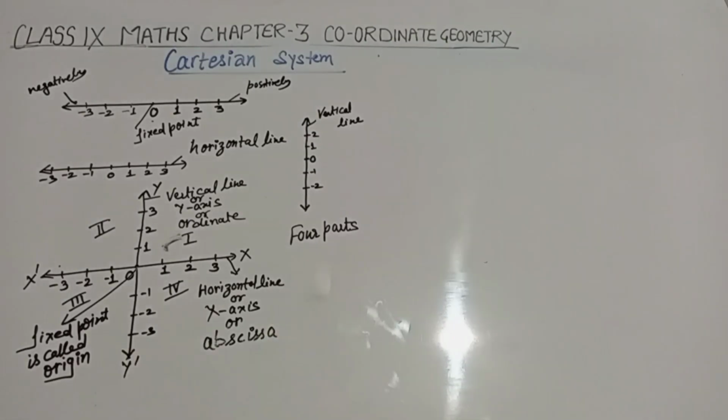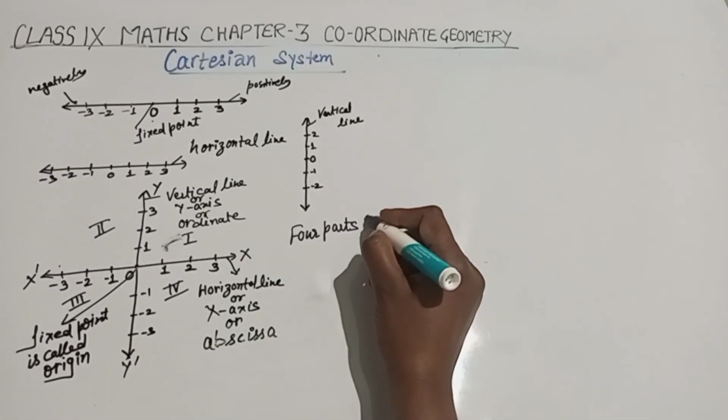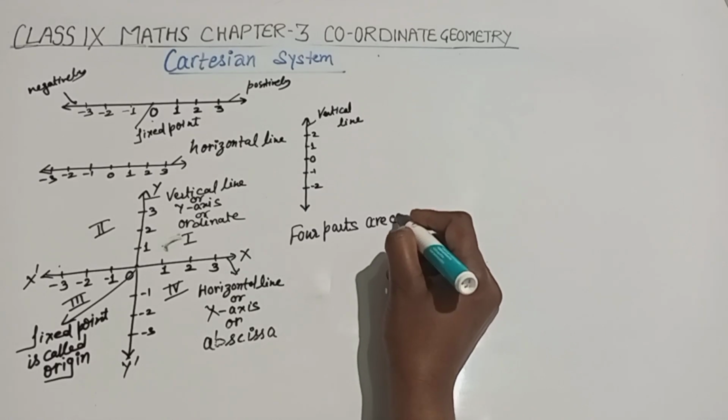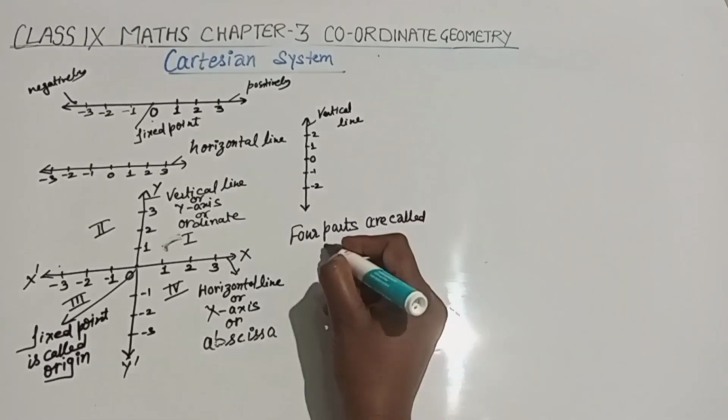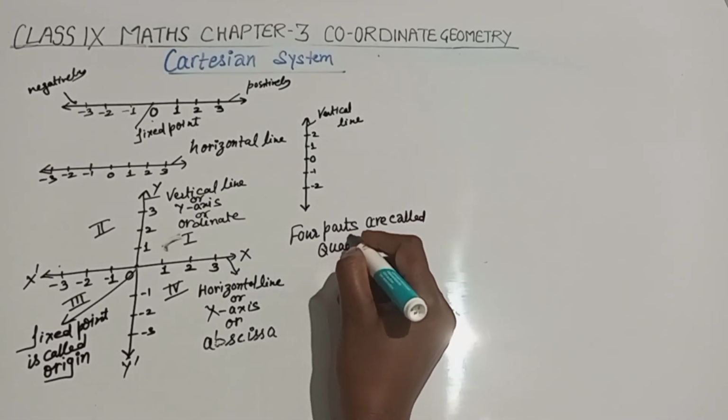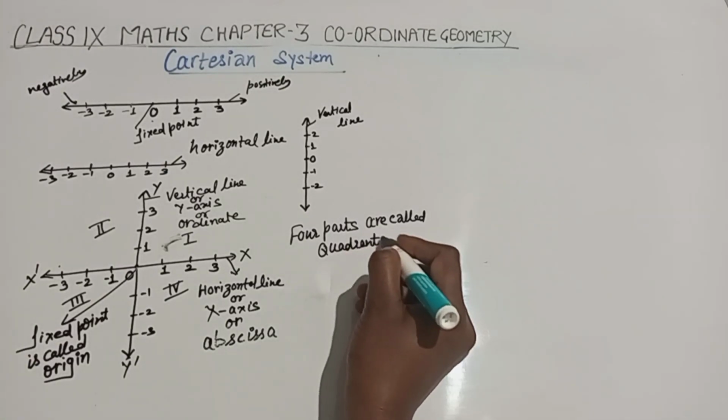And these four parts are called quadrants.